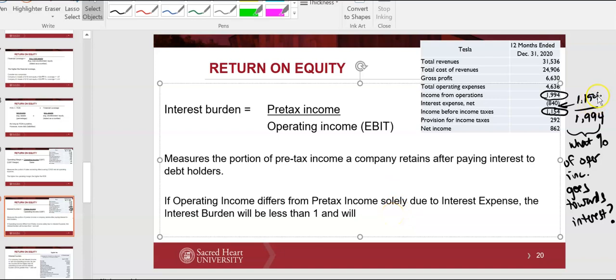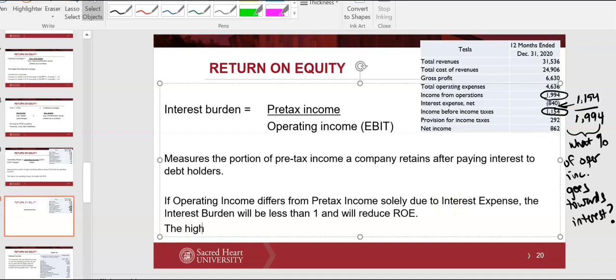Because our income before taxes of 1154 is less than our income from operations. And so the interest burden will be less than 1 and will of course reduce ROE, because we're looking at interest burden as a component of ROE. So if it's less than 1, it's going to reduce or take away from our ROE.